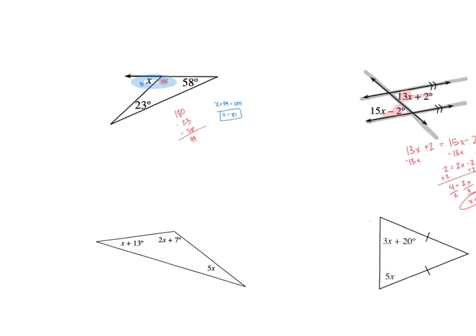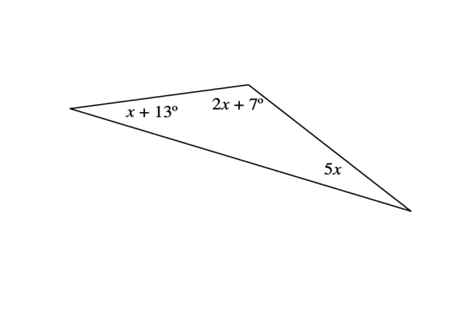Each one of these problems is a little bit different, but you'll still have to figure out: are the angles equal to each other? Do they add up to 180? In this case, these are angles in a triangle, so I'm going to go ahead and add them together. 5x plus 2x plus 1x is 8x.